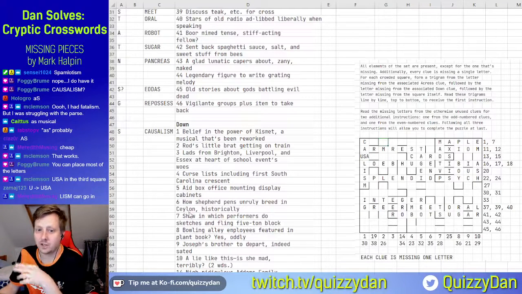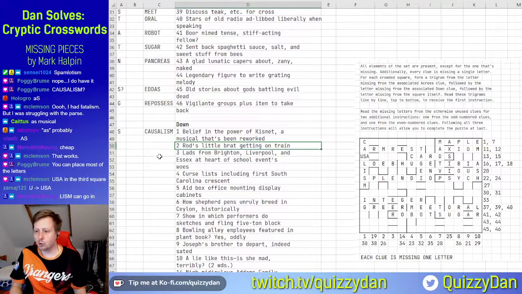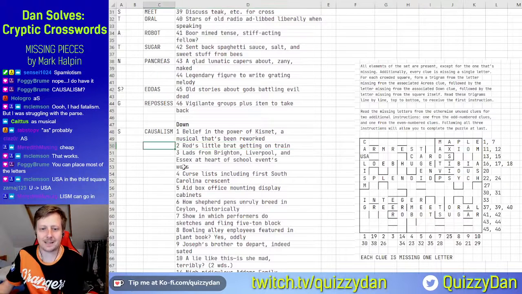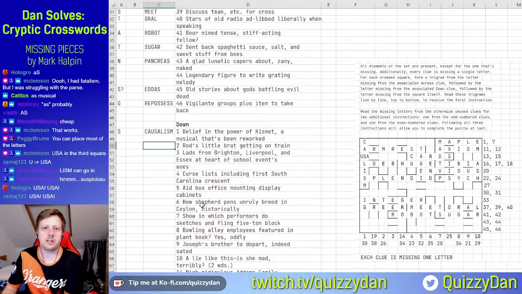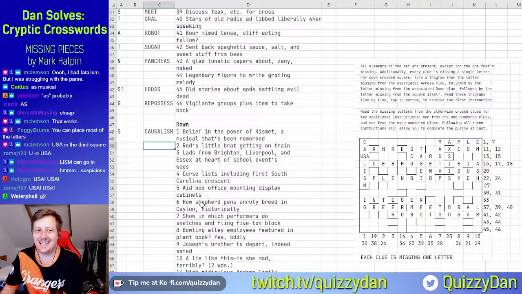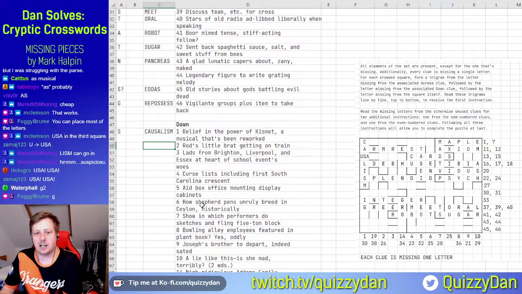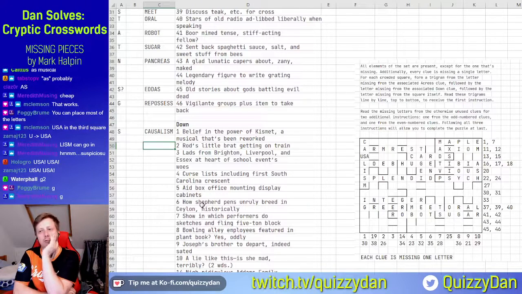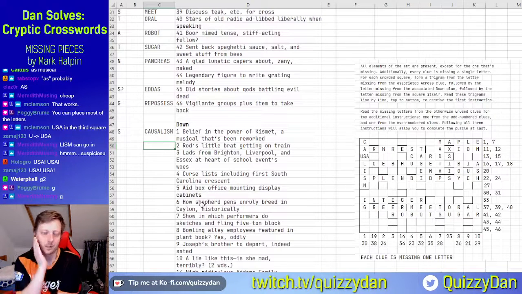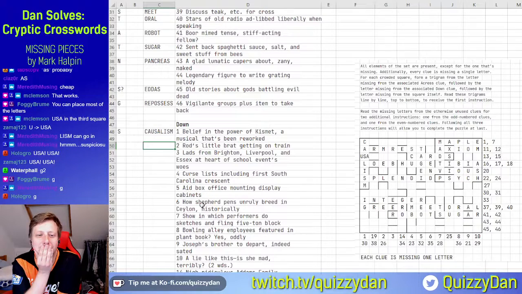Okay. 2 down. Rod's little brat getting on train. This crossword was called Missing Pieces. Indeed. A rod is a beam. What's the first letter, please?